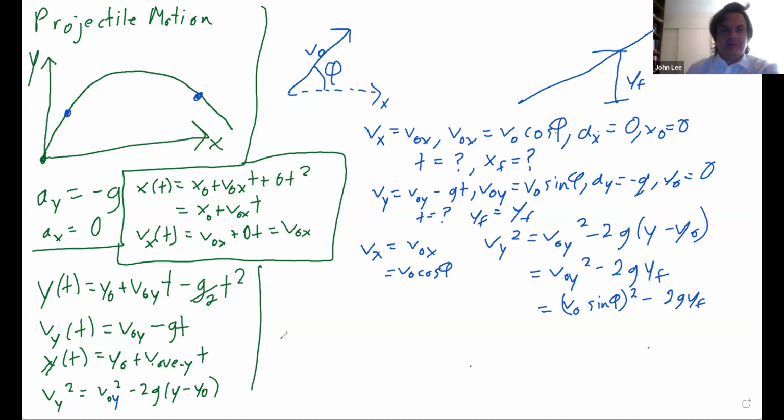So when we plug this in, v is going to be the square root of vx squared plus vy squared.